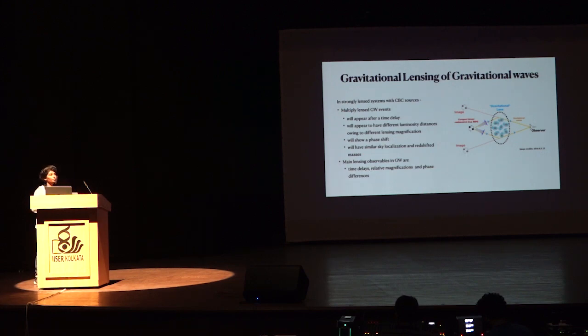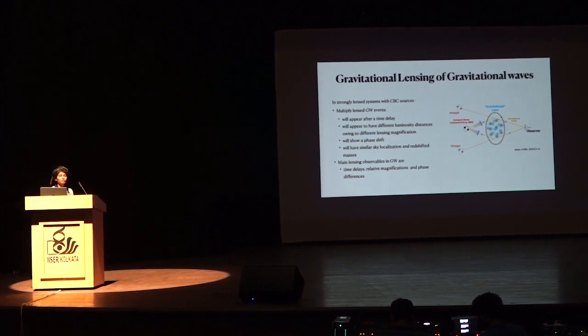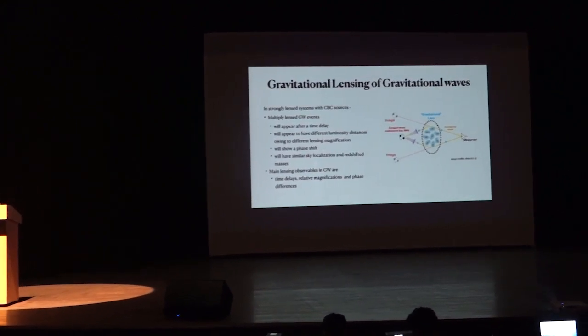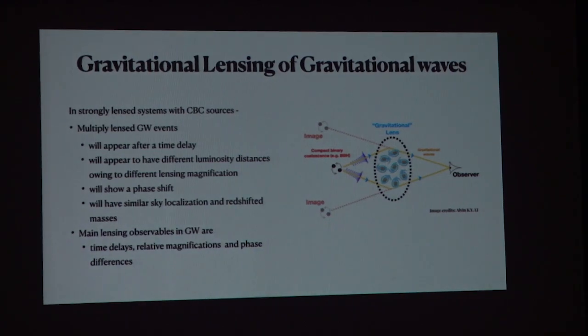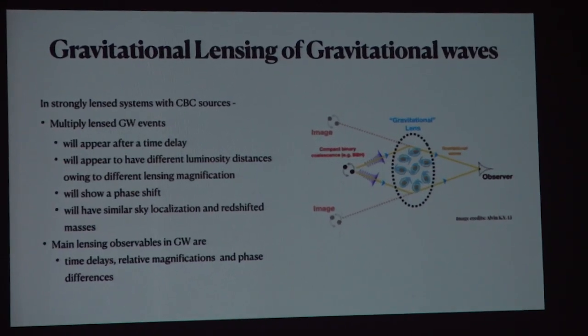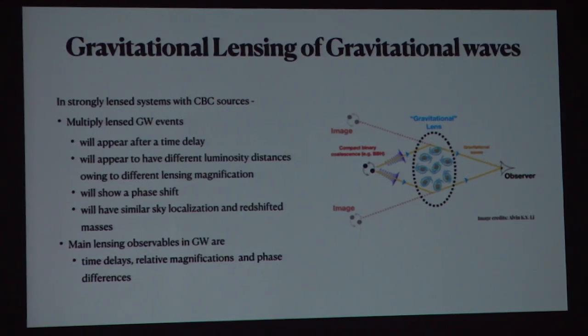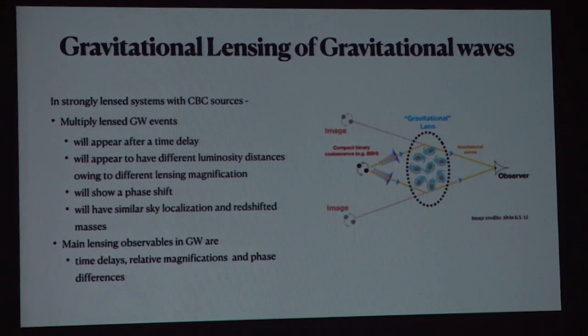So just like the lensing of EM sources, we do expect the gravitational waves also to be lensed, and since in gravitational waves we are mainly looking at time domain data, the main lensing observables, if we are going to see lensing of gravitational waves, is that we are going to see events arriving at different times, and because of the lensing magnification, which will be different for these events, they will seem to arise from different luminosity distances.